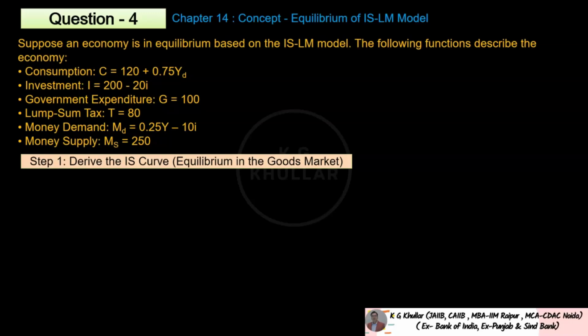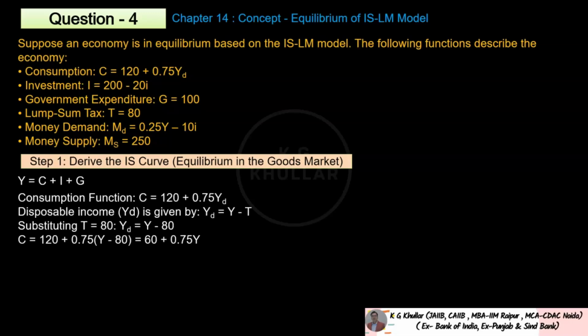Now friends, the IS curve is derived from the equilibrium condition in the goods market as Y equals C plus I plus G. So let's substitute all the values of C, I and G from the question. The consumption function C is given as 120 plus 0.75 YD, where YD is disposable income, given by YD equals Y minus T. And T, that is taxes, is given as 80 in our question.